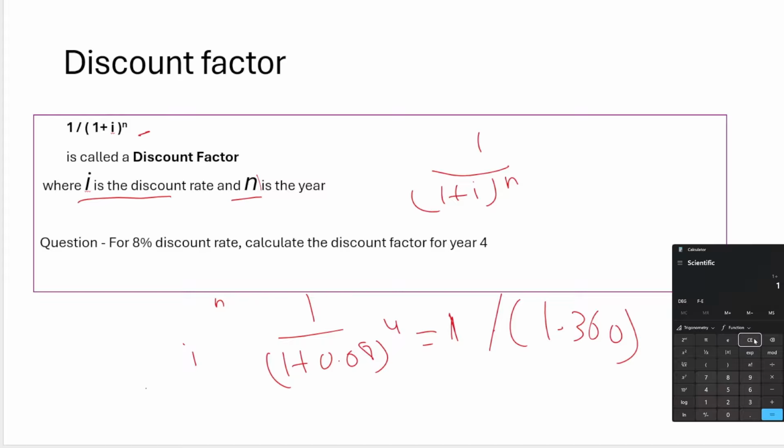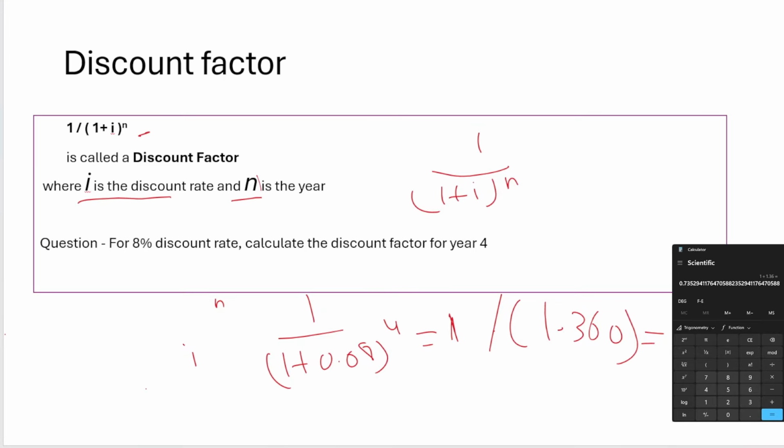So 1 divided by 1.360 will give us 0.734. Okay, let's continue.